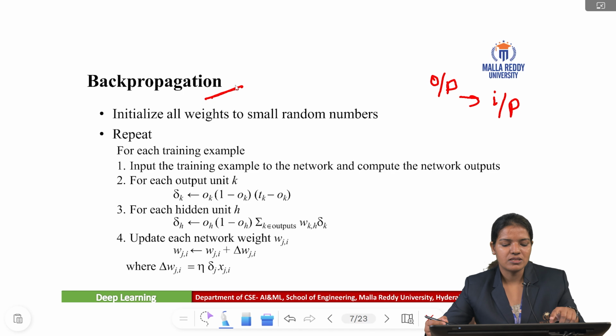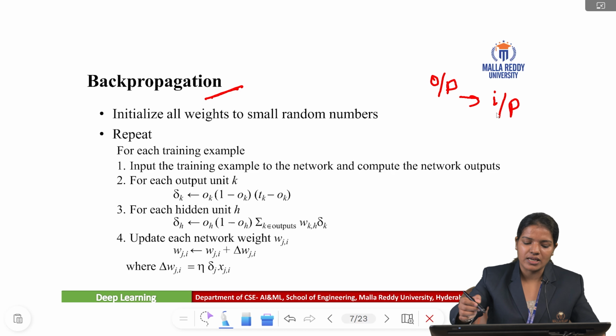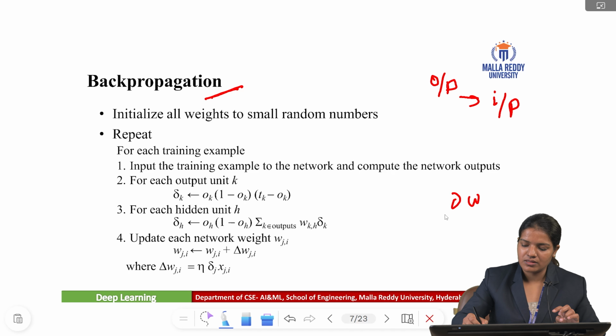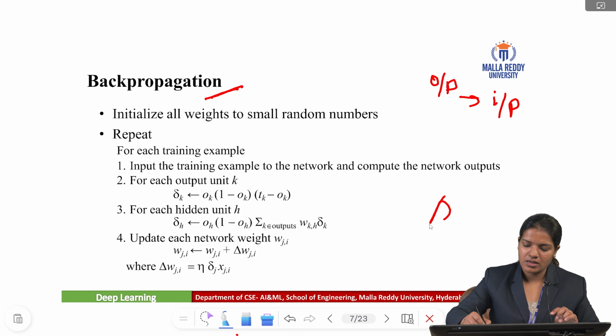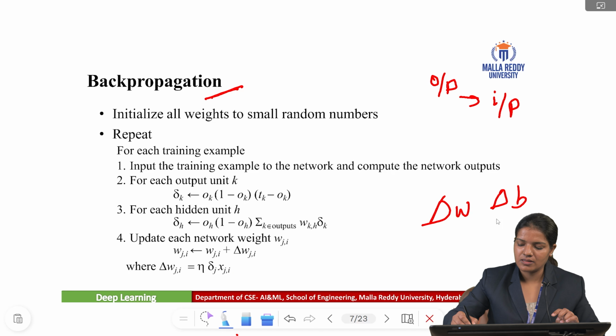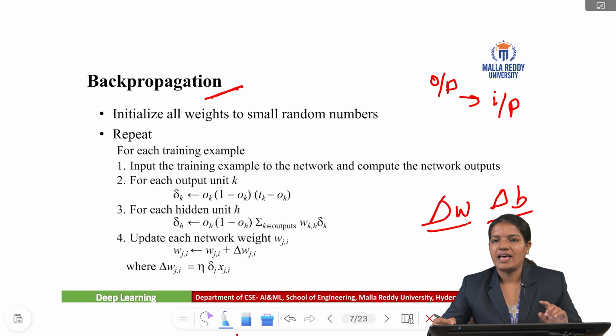In backpropagation, the training goes from the output to the input, and here we find the derivative of the weights and the derivative of the biases that help in minimizing the error at the output.